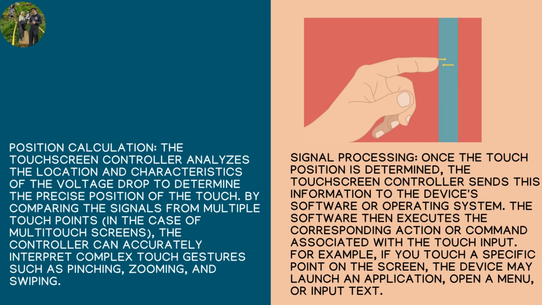For signal processing, once the touch position is determined, the touchscreen controller sends this information to the device software or operating system. The software then executes the corresponding action or command associated with the touch input. For example, if you touch a specific point on the screen, the device will launch an application or open a menu, or you may want to do another action, like open the flashlight or pause or start the video.